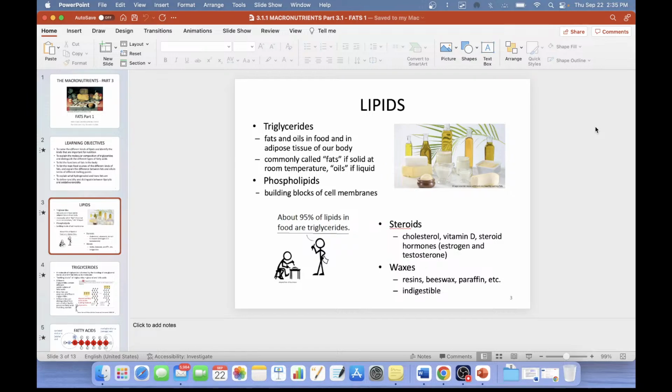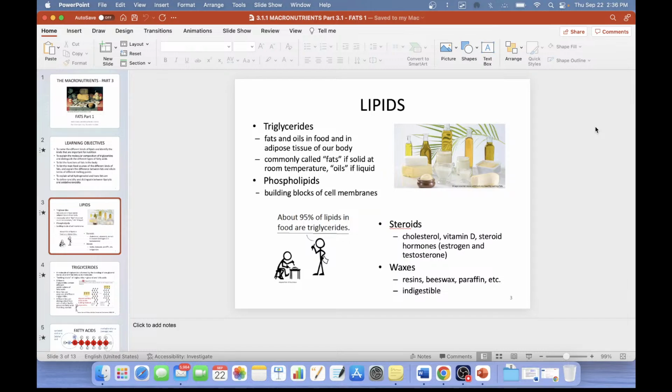For example, to encase certain types of cheeses, waxes are used. They're used for food packaging or to coat fruits to maintain the illusion of freshness. And they are indigestible for us. We don't digest them, that's why they're not important for nutrition.